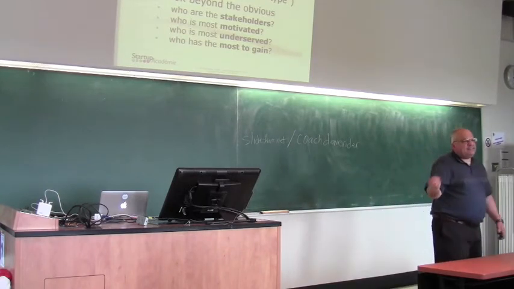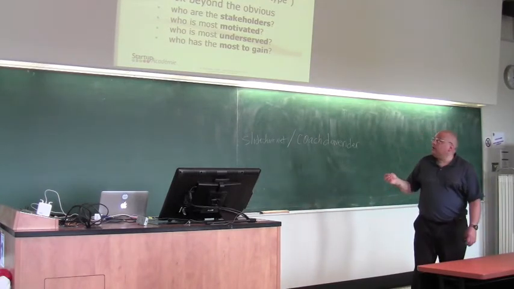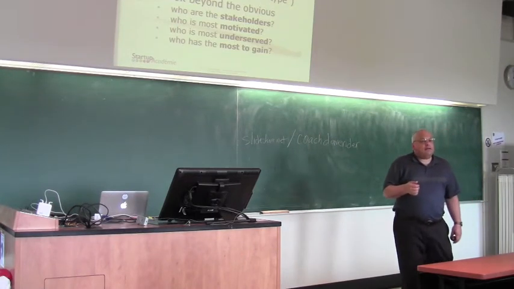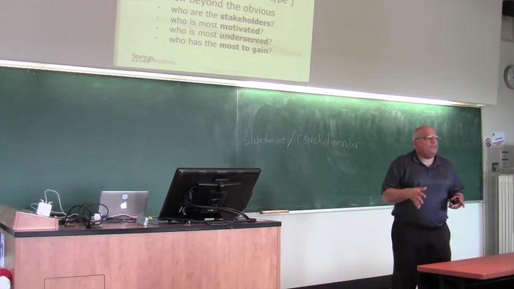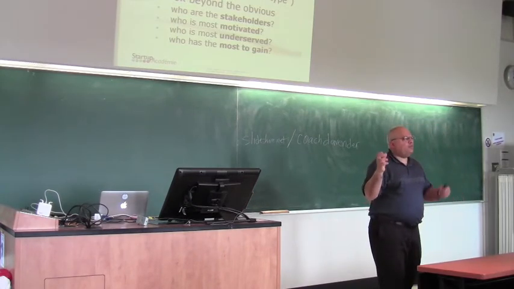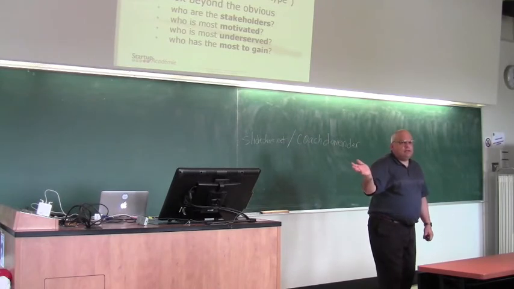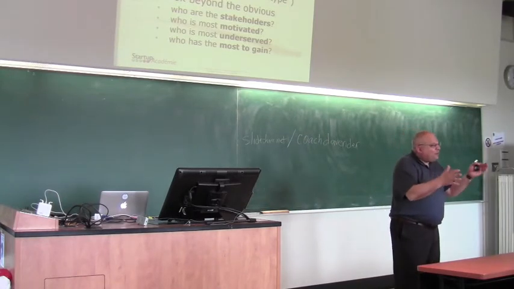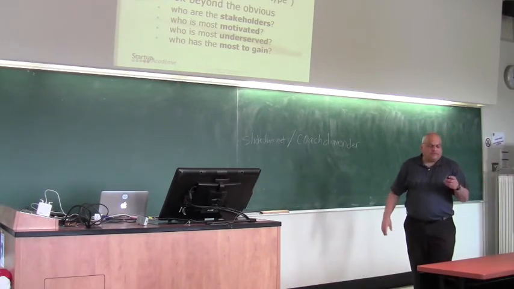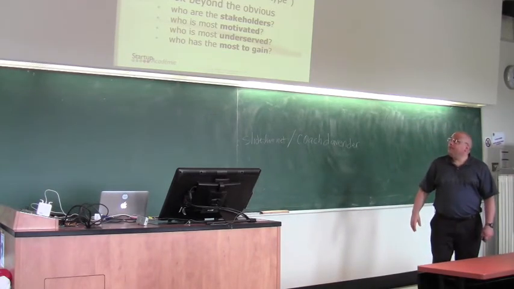Who are people who have something to gain, who are really motivated? Because you want to find those people. You want to go into what's called the blue ocean. Have you ever heard of the blue ocean strategy? Yeah, so you know what I mean. You want to go where other people are not going right now in terms of serving a customer segment.